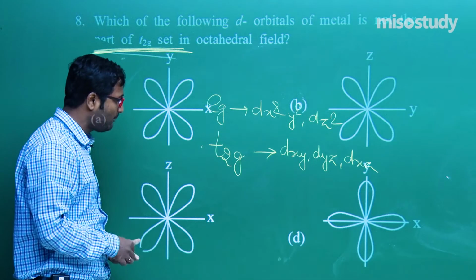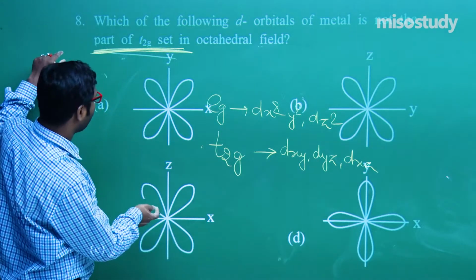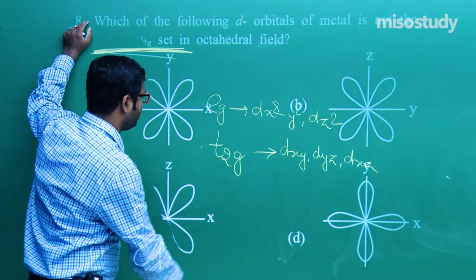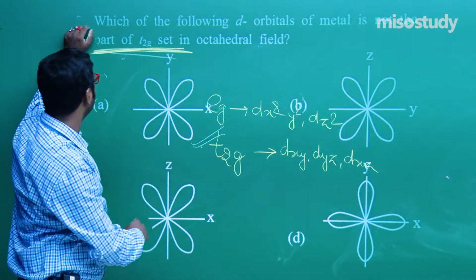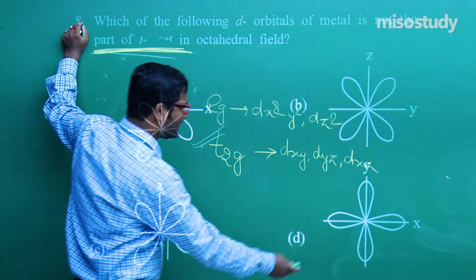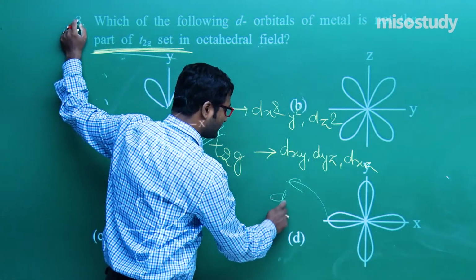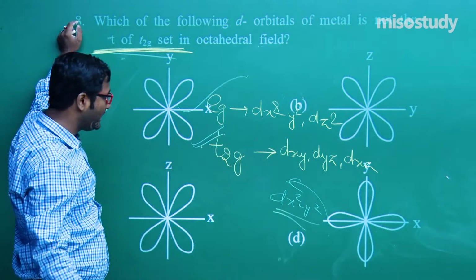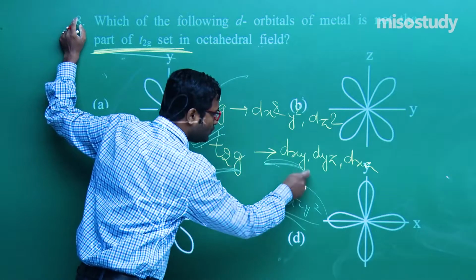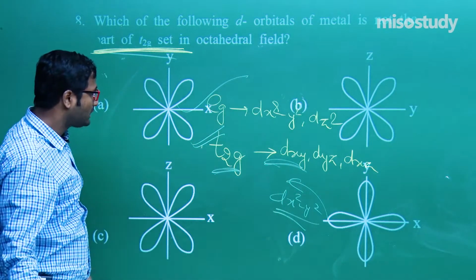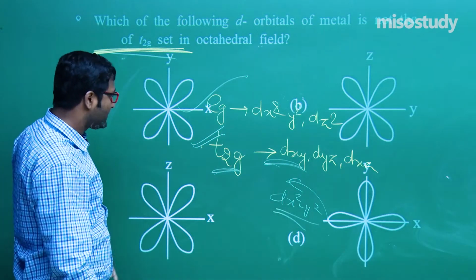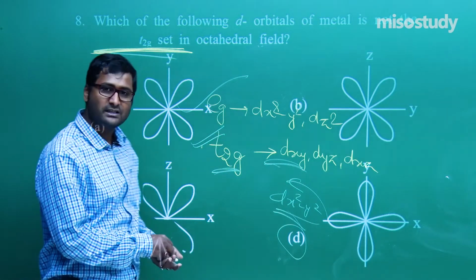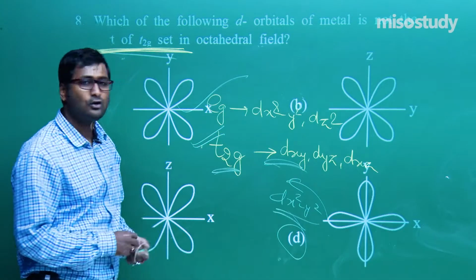Now please help me solve. xy, xz and yz belong to T2g, and the question asks which does not belong. This one is dx²-y², which belongs to Eg, not T2g. So for this question the correct option is D, because dx²-y² belongs to Eg.